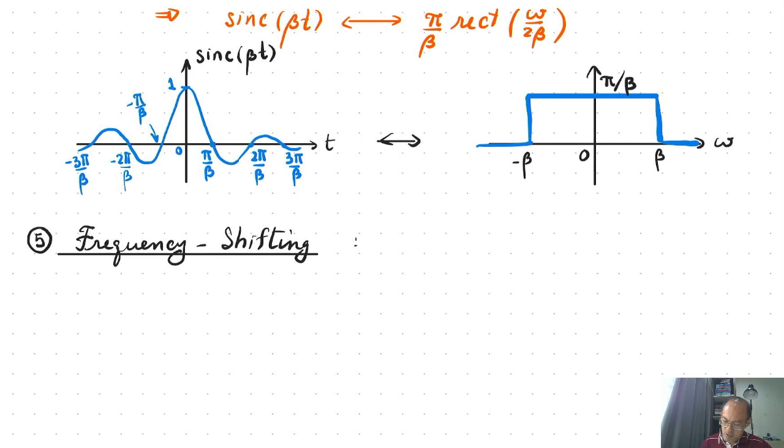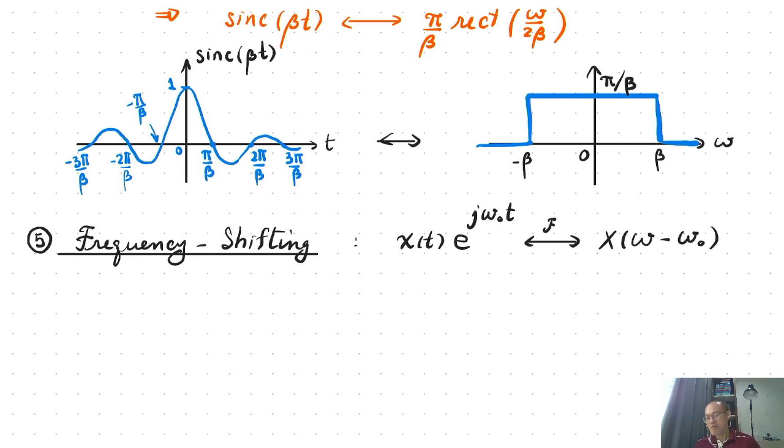We multiply the time domain signal by the complex exponential e to the j omega 0 t, and the Fourier transform of the result would be to shift the frequency spectrum of x to the right by omega 0. So shifting the spectrum to the right by omega 0 means that the time domain has to be multiplied by the complex exponential e to the j omega 0 t.